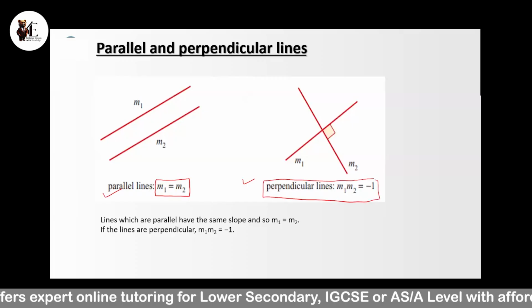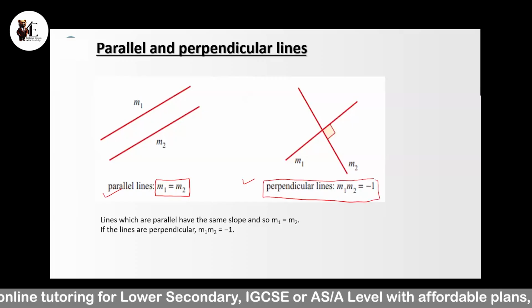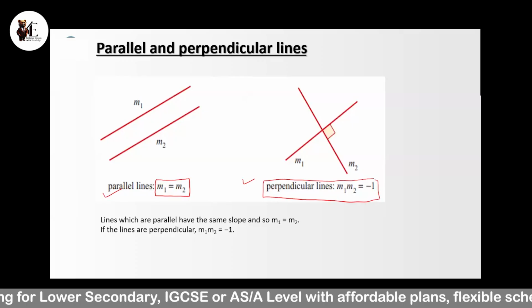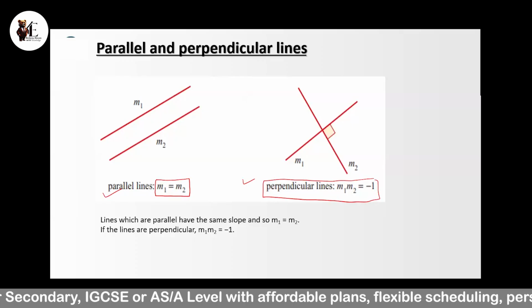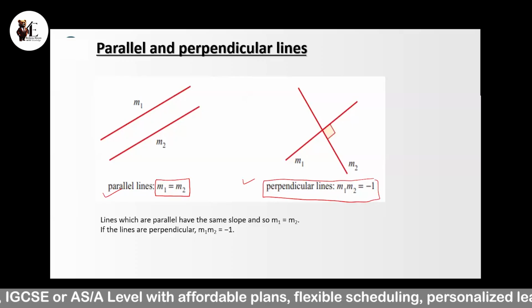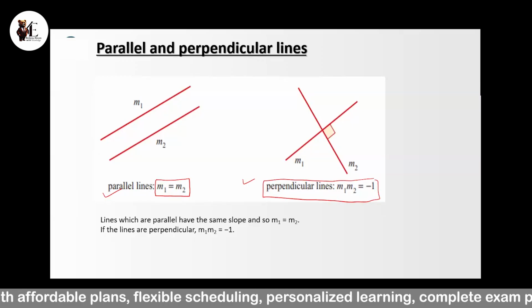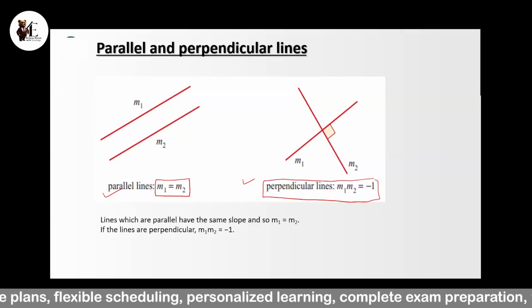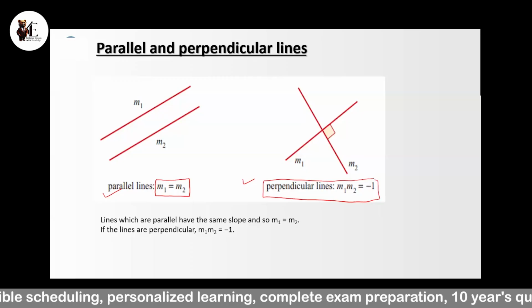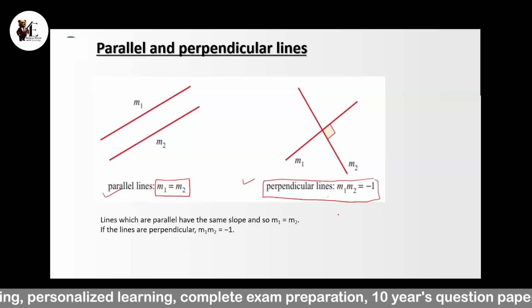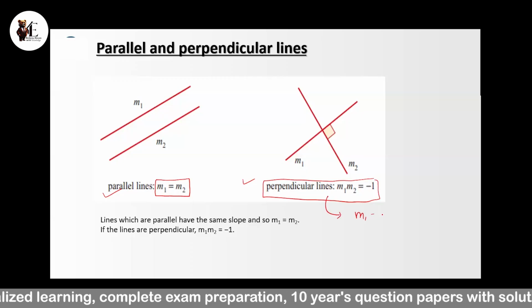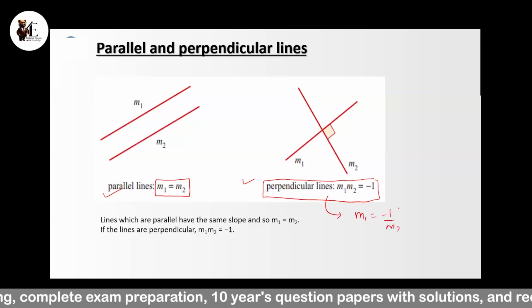These are the conditions for parallel lines and perpendicular lines. By using these conditions, we can check without a diagram whether the lines are parallel or perpendicular. Or we can also modify this like m1 is equals to negative 1 over m2.